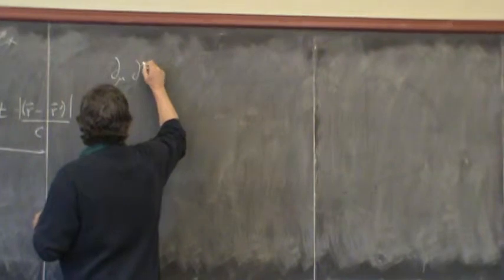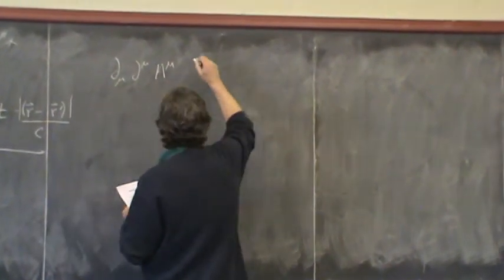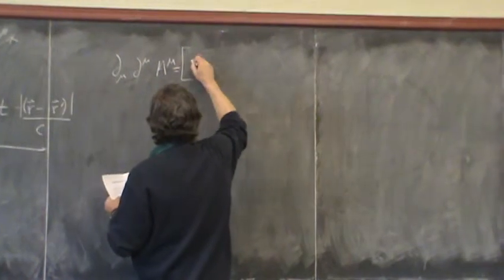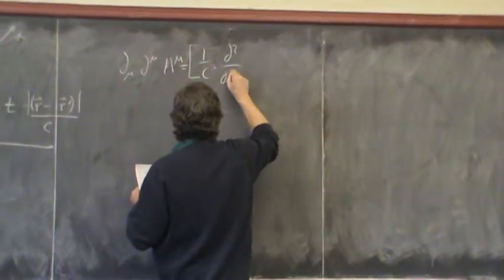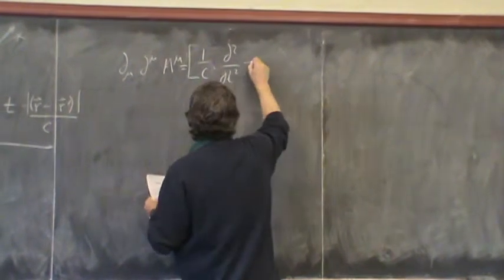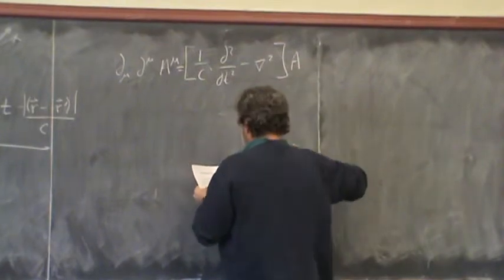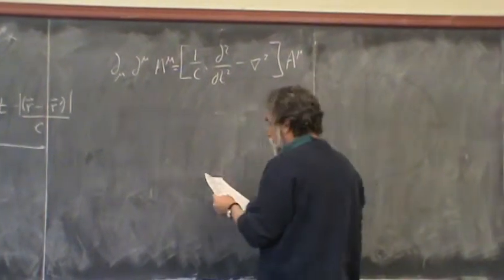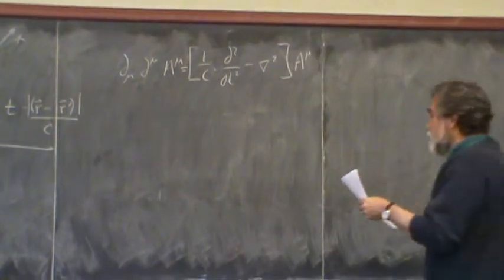So, wave equation. That is just 1 over c squared times the second time derivative, and the second spatial derivatives, in real time. All 4 terms, so I've got the electric potential in there as well.